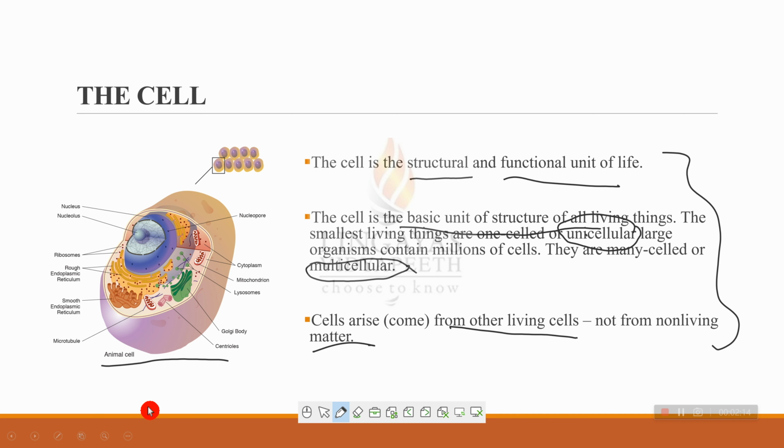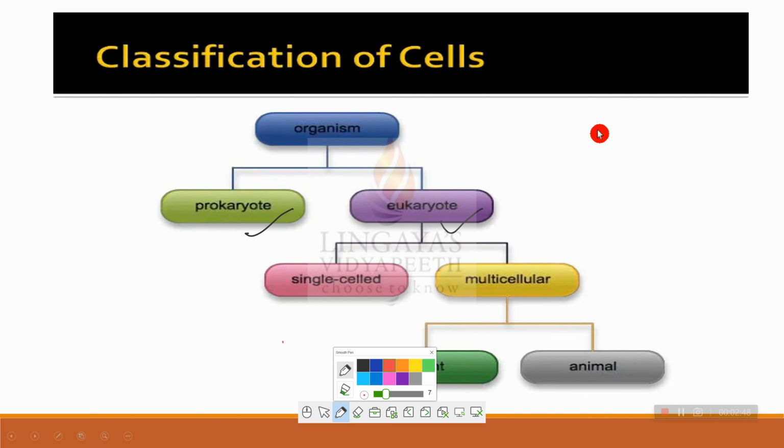It may also be classified on the number of cells that make up an organism. For example, we told earlier that an organism is unicellular, having a single cell, or multicellular, having multiple types of cells. Here we are classifying the cell on the basis of presence of a well-defined nucleus.